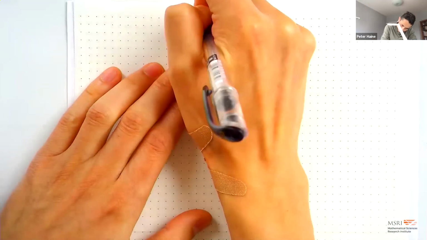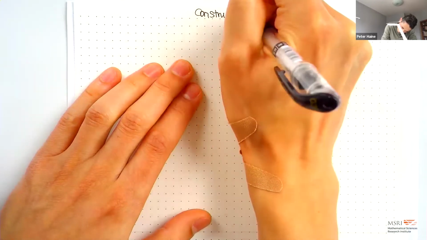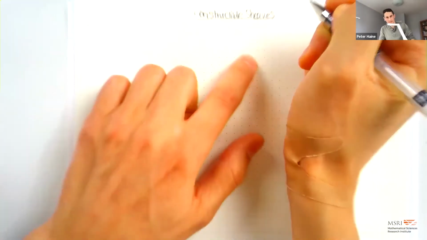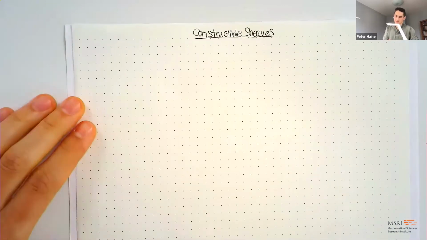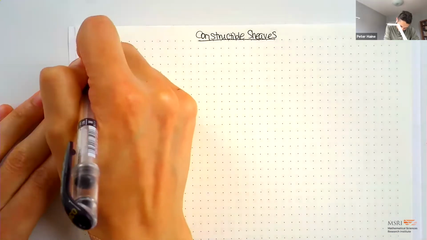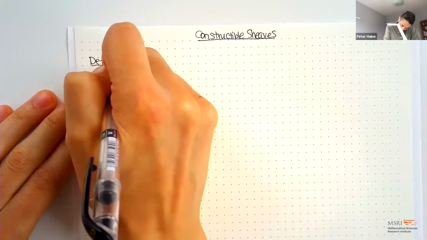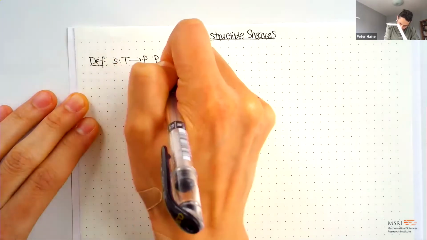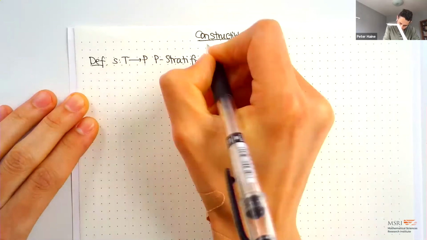The idea is that before we were considering locally constant sheaves, now we're considering sheaves that are locally constant along a stratification. So let S: T to P be a P-stratified topological space.